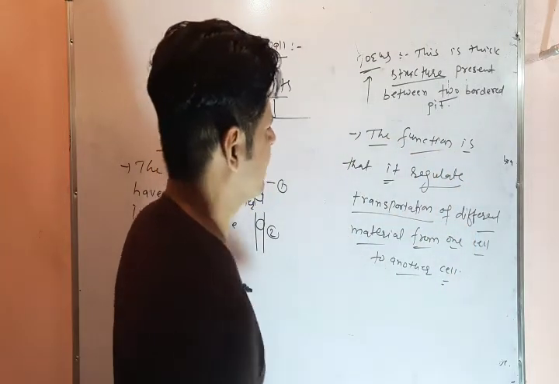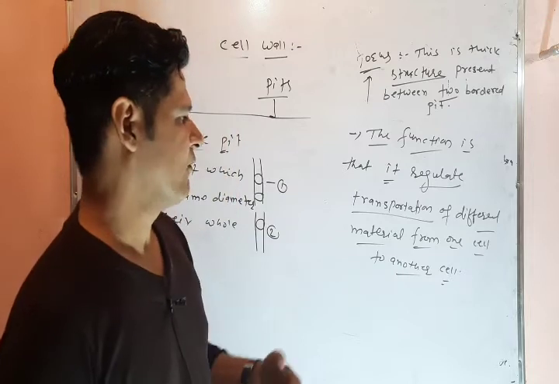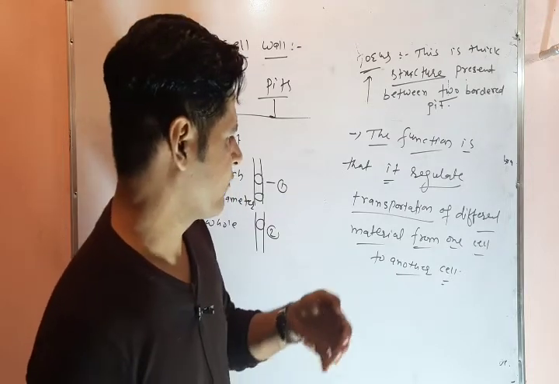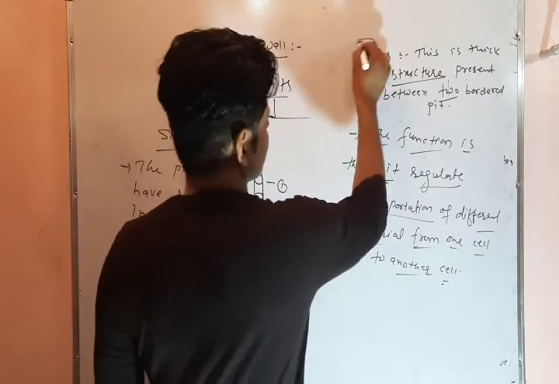The function is that it regulates transportation of different materials which are transmitted from one cell to another cell. This is the main function of the torus.